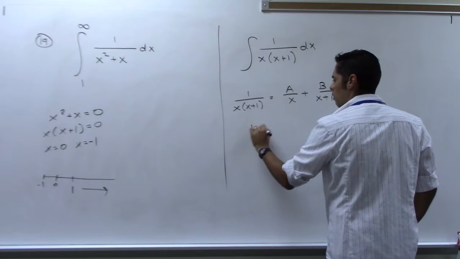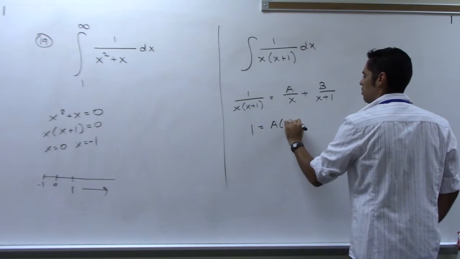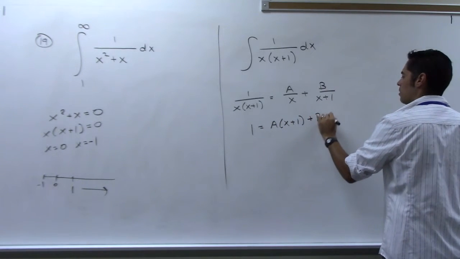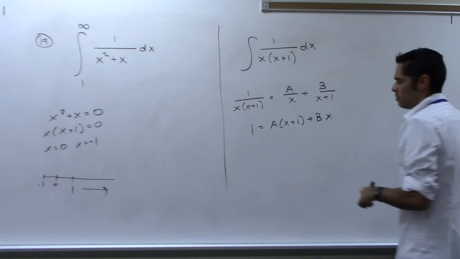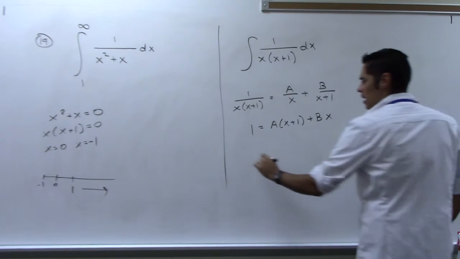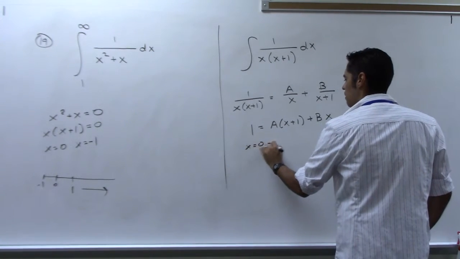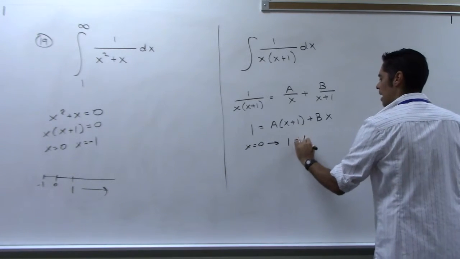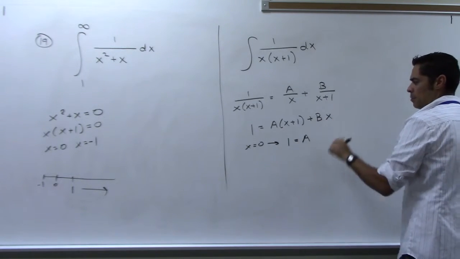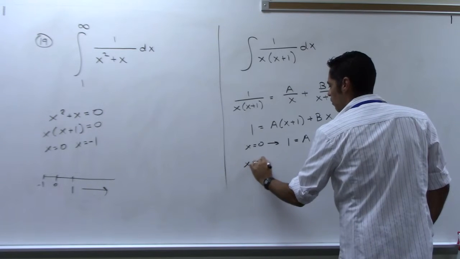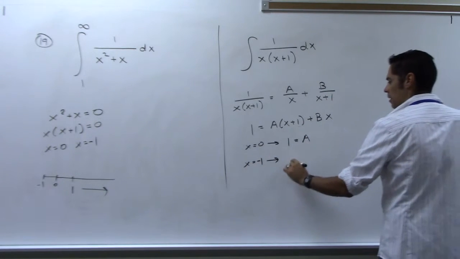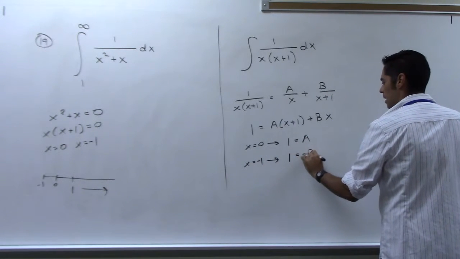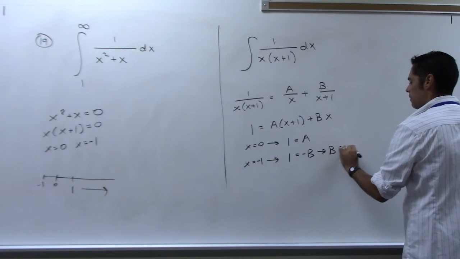And then 1 equals a times x plus 1 plus bx. And then this is one of those ones you can do the short method on. If I let x be equal to 0, I get 1 equals a. That killed off this one. If I let x be equal to -1, then you're going to get 1 equals -b, so b is -1.